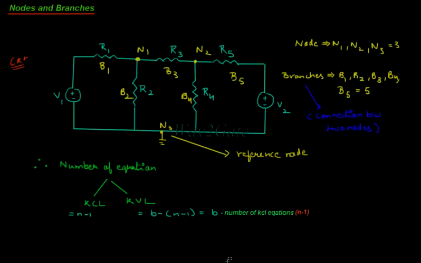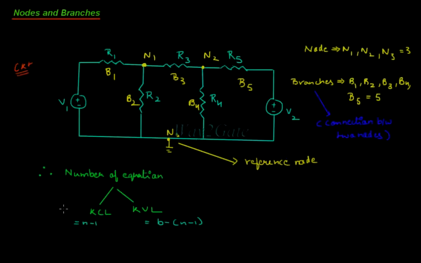Therefore, as per the shown circuit, we have small n equal to 3. Therefore, the number of KCL equations is 3 minus 1, which is equal to 2.